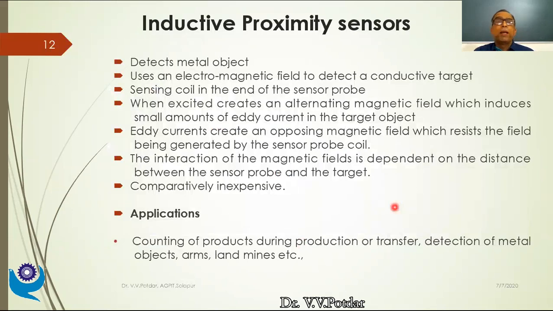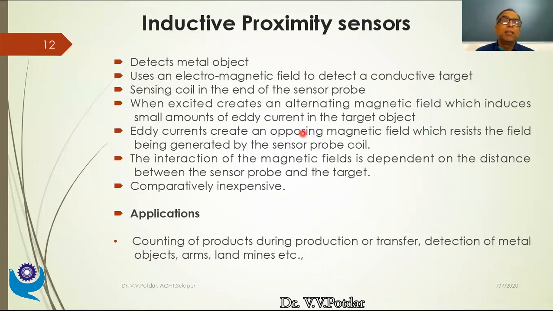Now the second type is the inductive proximity sensor. As the name indicates, these proximity sensors work on inductive principles, so something related to magnetism.